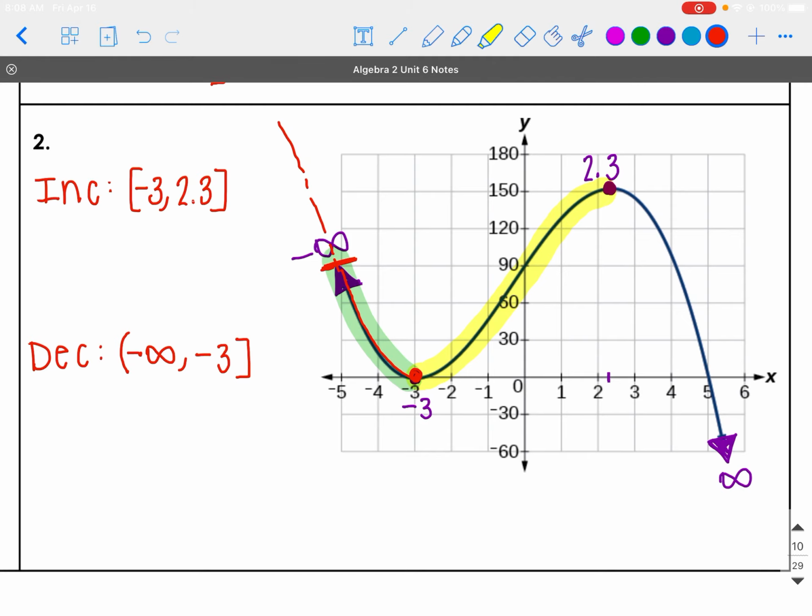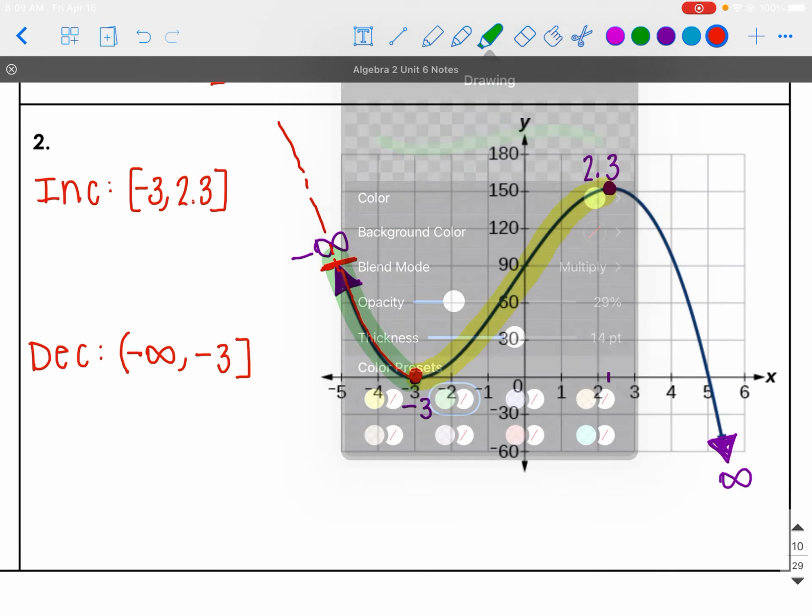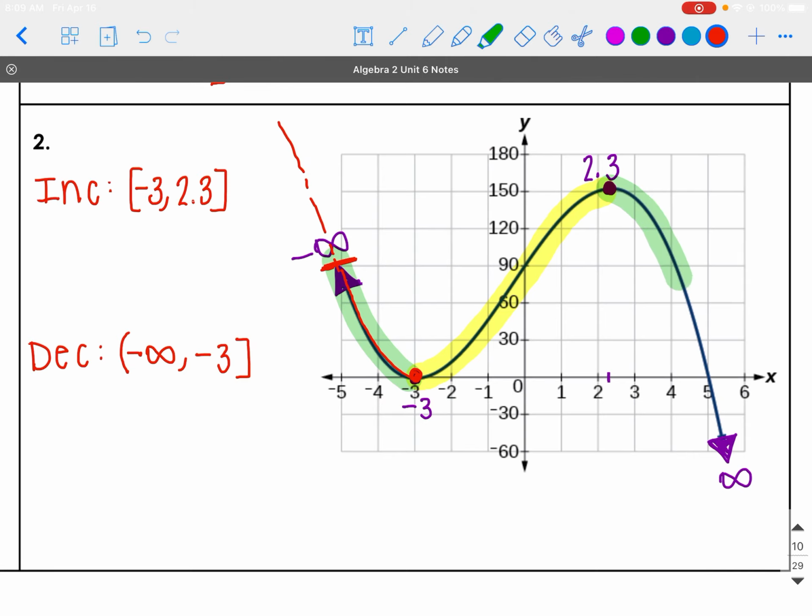And then what happens? Well, we go back downhill, down, down, down, and we technically go down forever all the way to the left. So decreasing, we started at 2.3, we decreased forever to infinity.